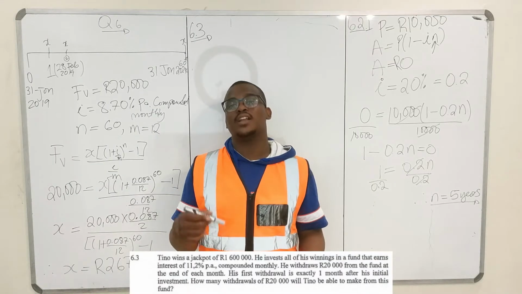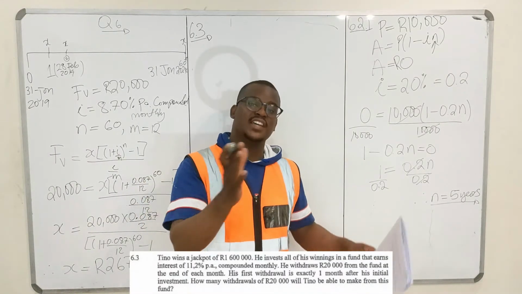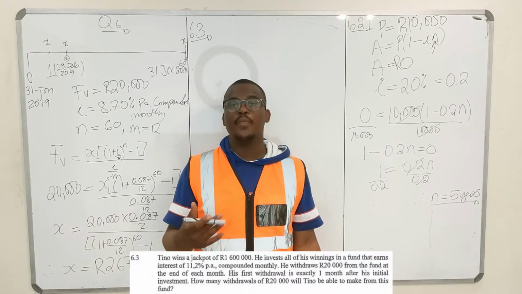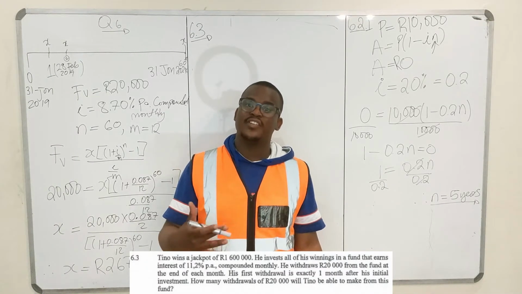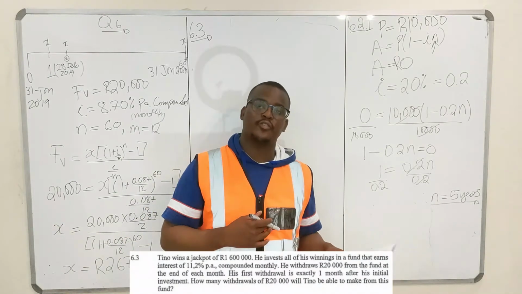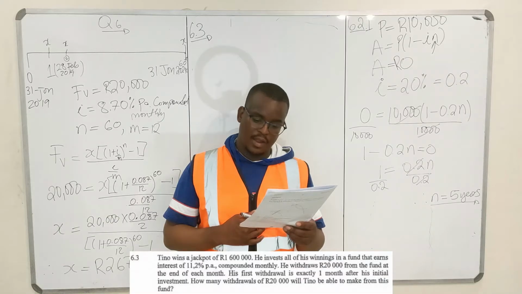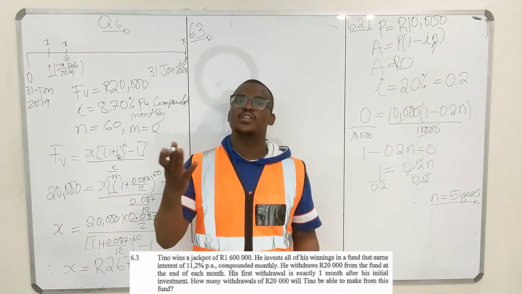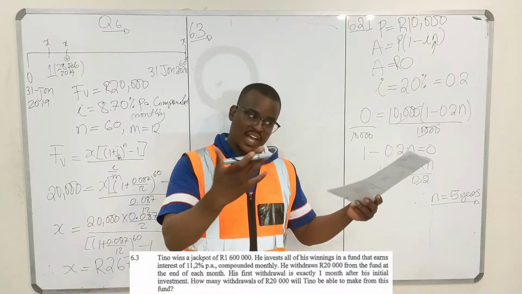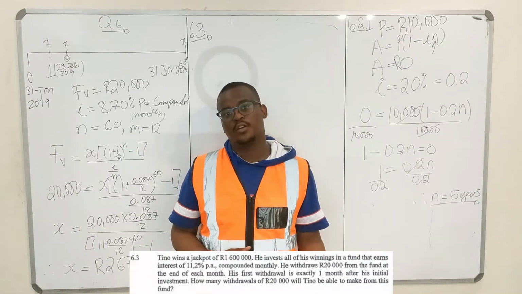And his first withdrawal is made exactly 1 month after he started his investment. So they are trying to find how many 20,000 withdrawals he will be able to make from that investment of 1.6 million.